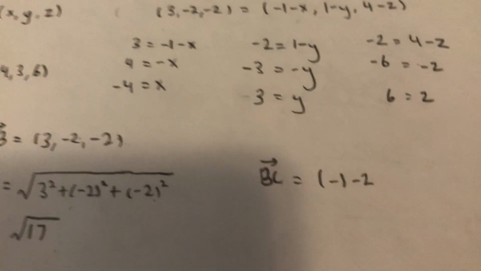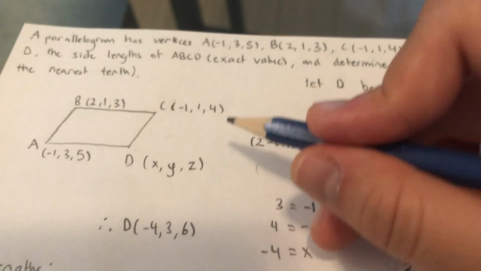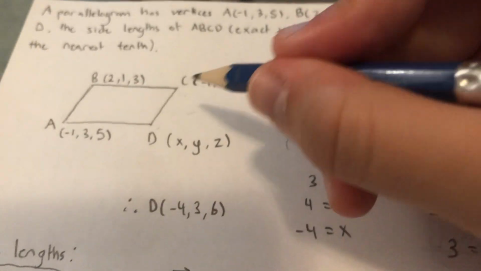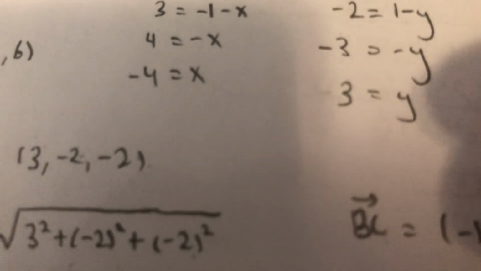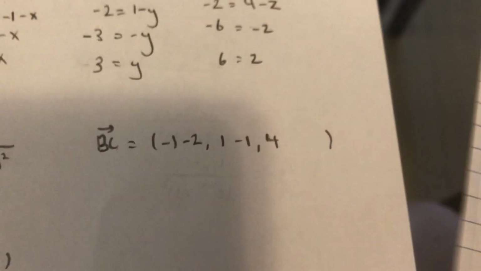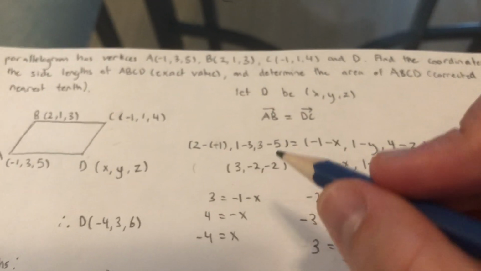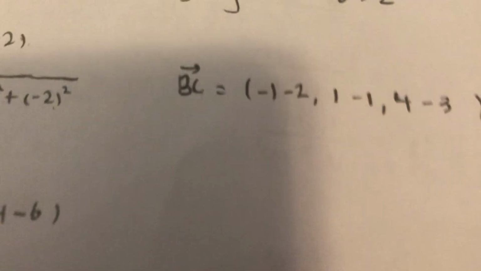And then the y value of C, which is 1, minus the y value of B, which is also 1. And then the z value of C, which is 4, and the z value of B, which is 3. So 4 minus 3.